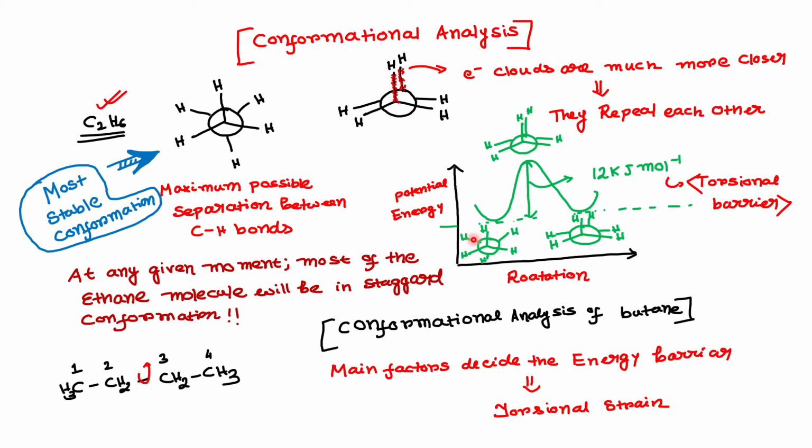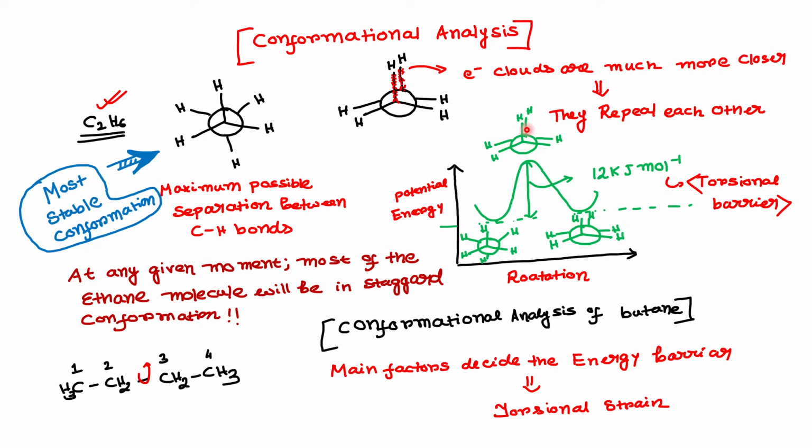However, if we rotate around the C-C sigma bond, we will reach the eclipsed conformer, and due to the electronic repulsion factor there will be a huge jump in potential energy.